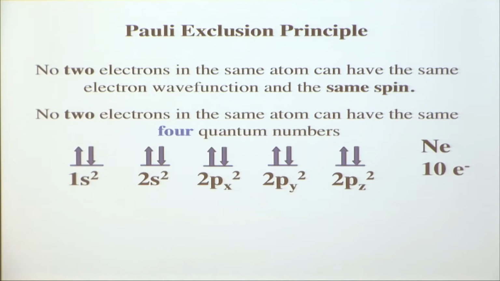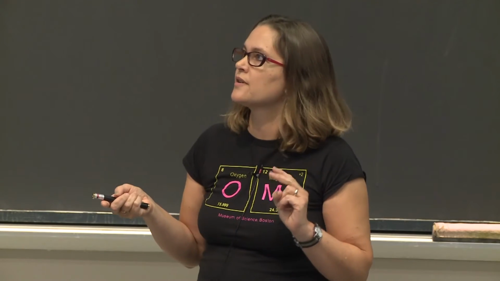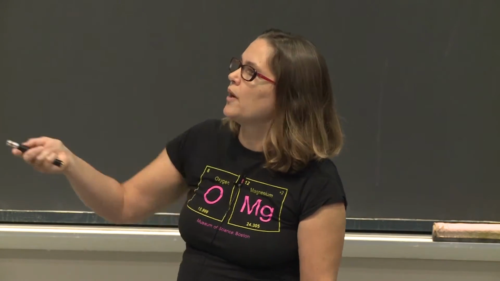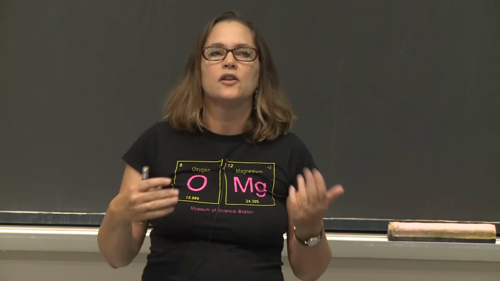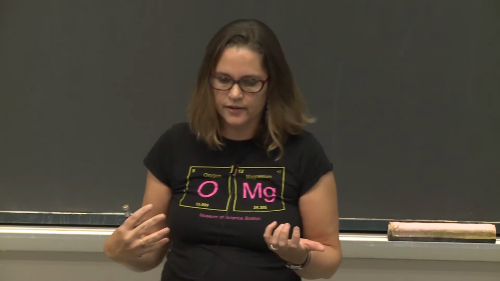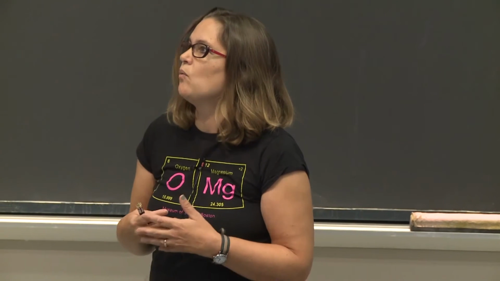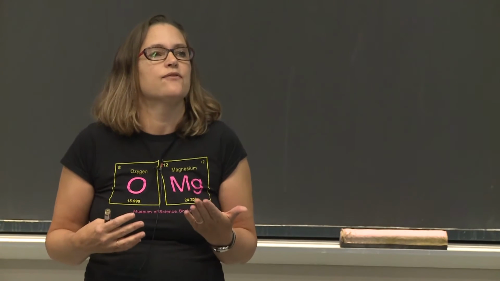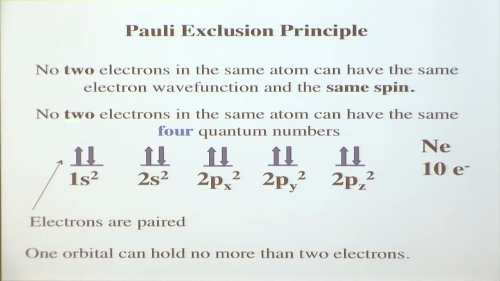Because if we had 2 of these both going up, they would have the same 4 quantum numbers. And that's not allowed by Pauli's exclusion principle. So when you have 2 here, 1 spin up, 1 spin down in an orbital, then we say that those electrons are paired. And an important thing that comes out of all of this is that 1 orbital can't hold more than 2 electrons. If it did, there'd be another electron that would have the same 4 quantum numbers. Because you need 3 quantum numbers to describe the orbital.